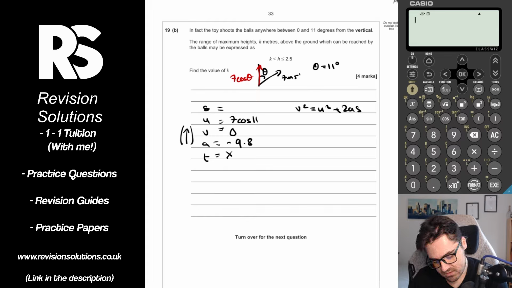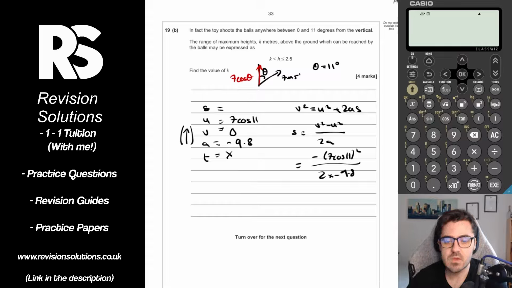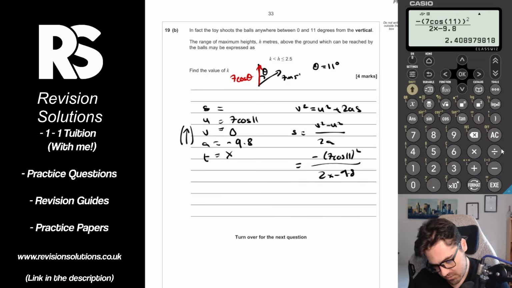So s is still just v squared minus u squared over 2a, which is going to be minus 7 cos 11 all squared over 2 times minus 9.8. Plugging that in, that gives us 2.4 to two significant figures.